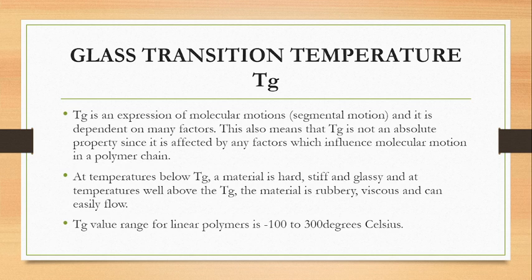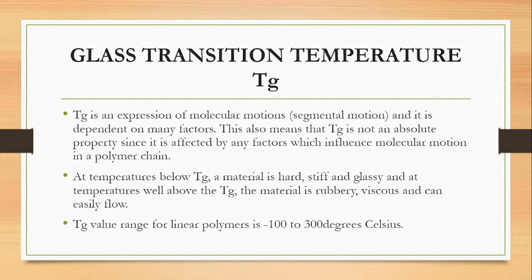It is not an absolute property, since it is affected by any factors which will influence the molecular motion in a polymer chain. Meaning, if heat is going to affect the molecular motion of the polymer, then TG is going to be dependent on the amount of that heat.